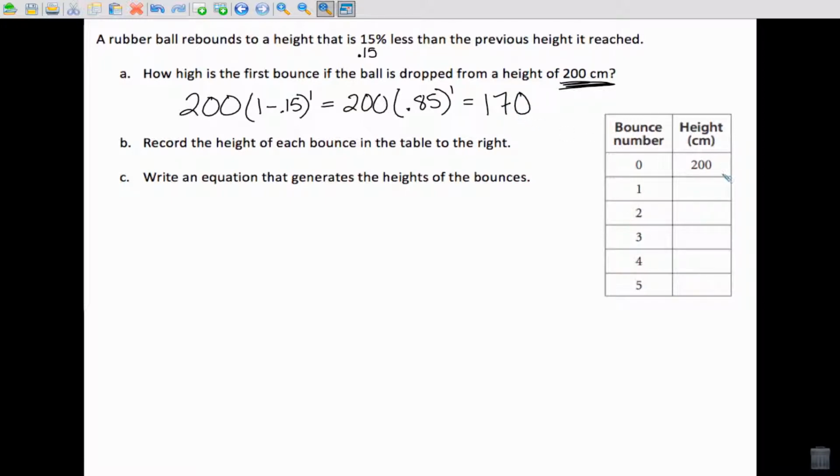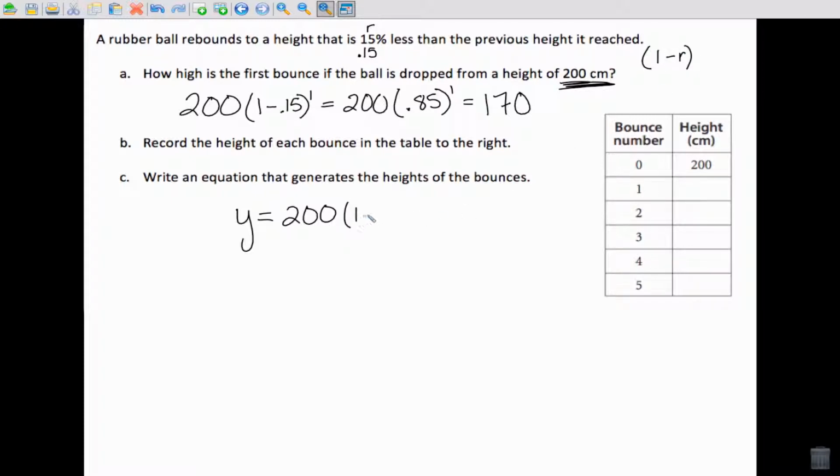Okay, and then you were asked to record each bounce height. Well, if we write an equation, then you can do that. So if we write an equation here, our starting value was 200, okay? And our R value was 0.15. And since this is decay, since it's 15% less, then we're going to take 1 minus R, okay?